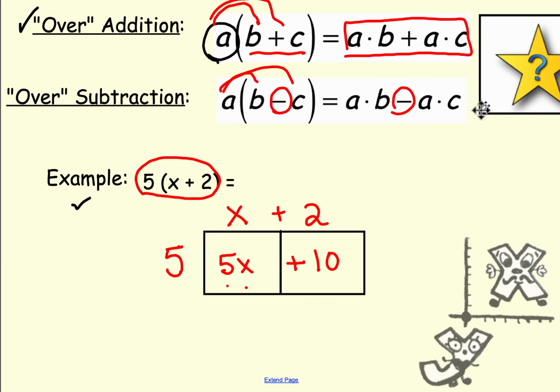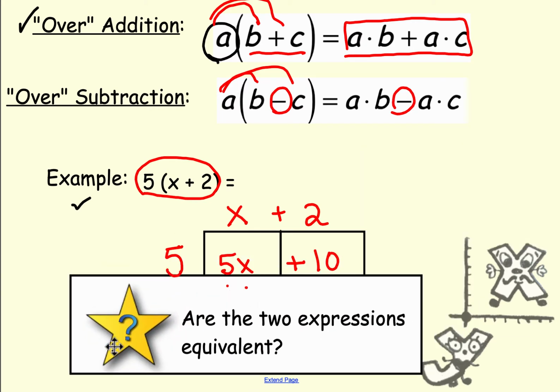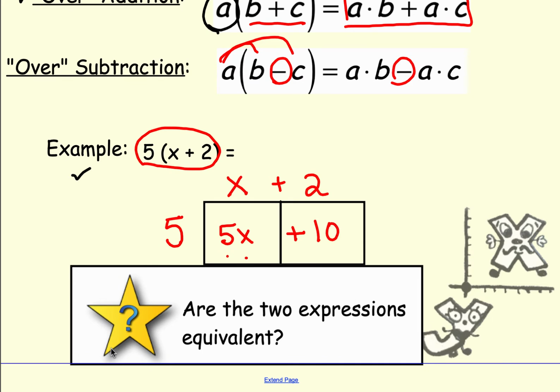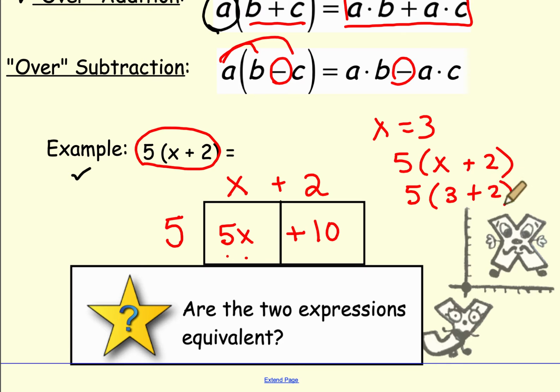So the question is, are these two expressions equivalent? Let's figure it out. Let's say that x is equal to 3. In the original expression, 5 times x plus 2, evaluated with 3, we would get 3 plus 2 is 5, which means it's worth 25.